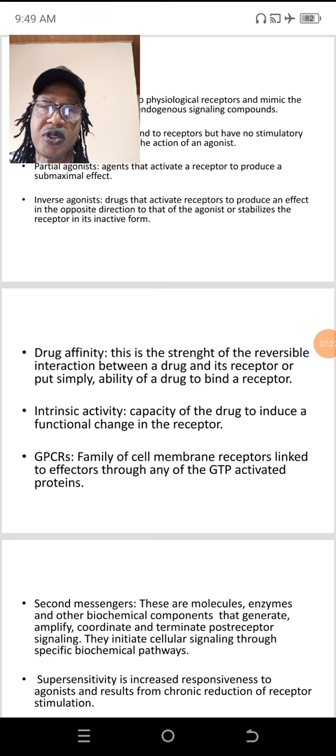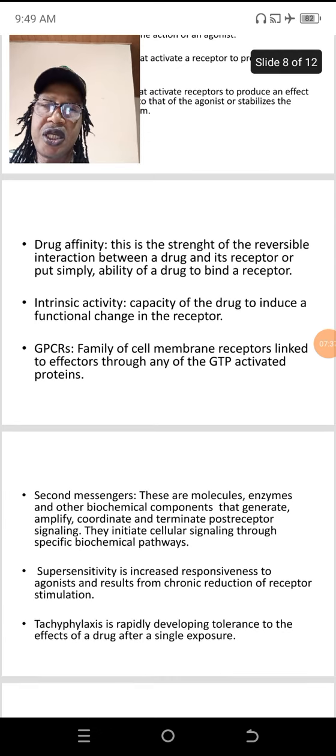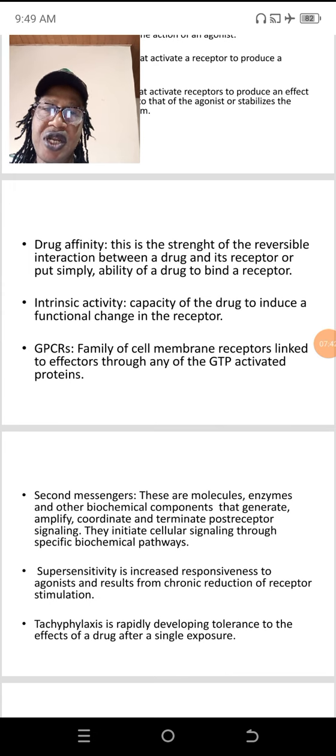G-protein coupled receptors. These are a family of cell membrane receptors that are linked to effectors through any of the guanosine triphosphate activated proteins. Second messengers are molecules, enzymes, and other biochemical components that generate, amplify, coordinate, and terminate post-receptor signaling.